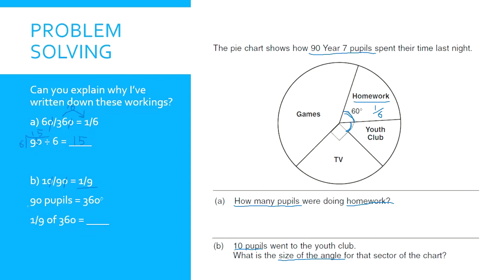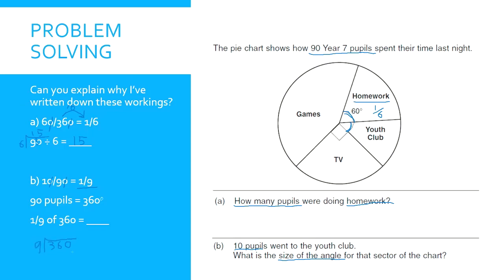I also know that the 90 pupils in the circle as a whole would be the same as 360 degrees. As a result, if I find 1/9 of 360, or in other words, do 360 divided by 9, then I know I'm going to be able to get the answer.